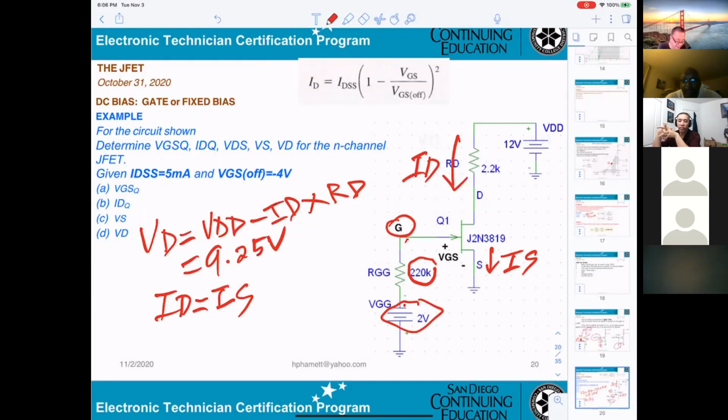Hey, Mr. Pham, so for the JFET and the bipolar transistor, they have many characteristics that are the same, such as ID equals IS and IE equals IC in the bipolar. However, bipolar is a little different, except if the IB is too small, then they can say IB, IC, IE are the same.